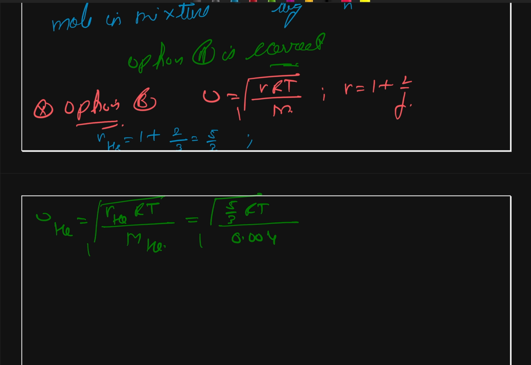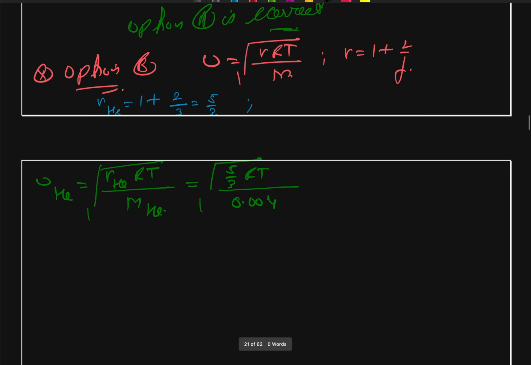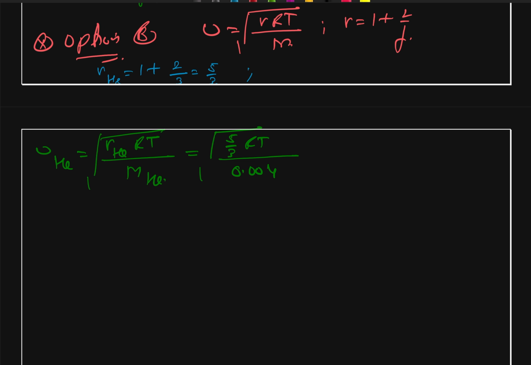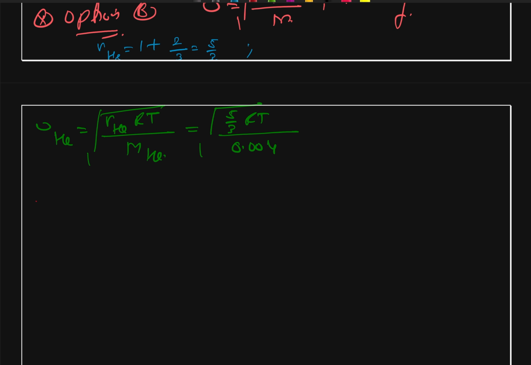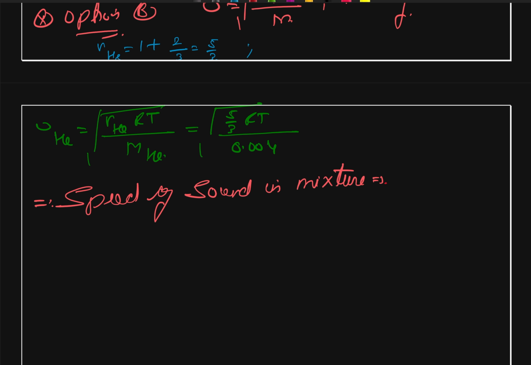Therefore we can say that the speed of sound in the mixture, for calculation of this, we need the effective molar mass and the adiabatic index.